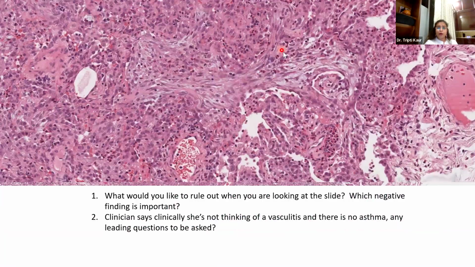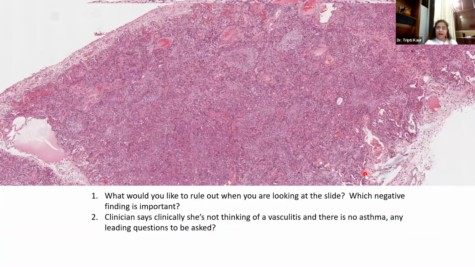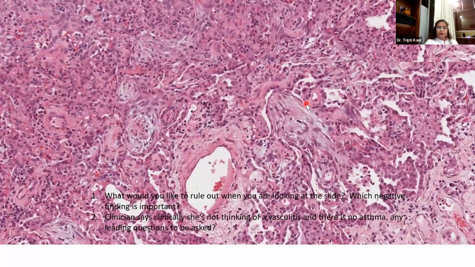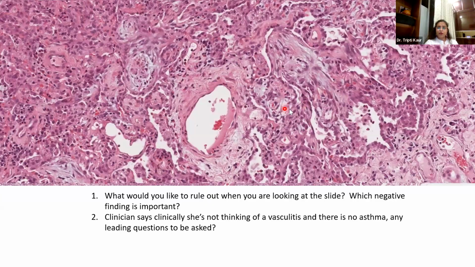At places they are dumbbell shaped. In the previous slide, you could make out that they have a characteristic branching pattern also. In a few areas, they are invaginating into the alveolar spaces and occluding them.